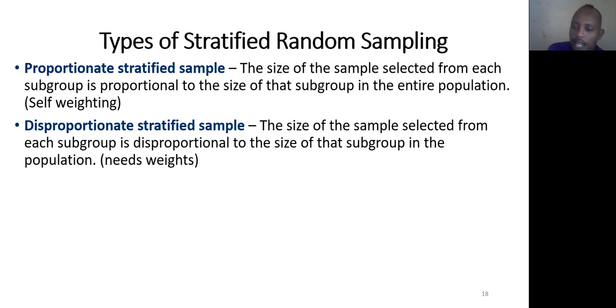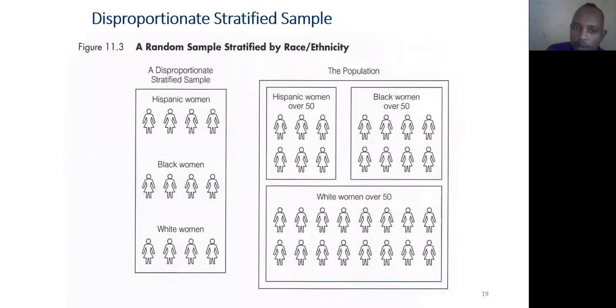If the size of the stratum is larger, then the size of the sample that we take from such a stratum should be larger. Disproportionate stratified sampling means it doesn't depend on the size of each stratum. It is disproportionate with the size of the stratum.